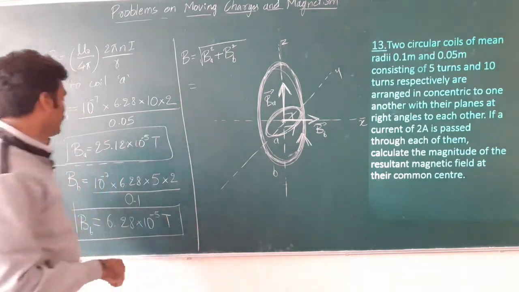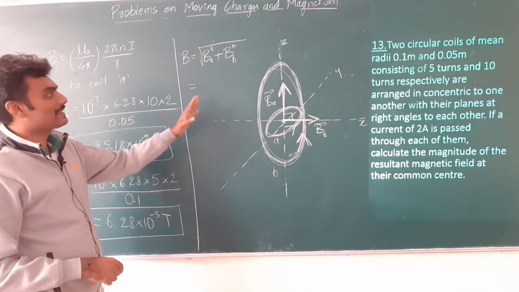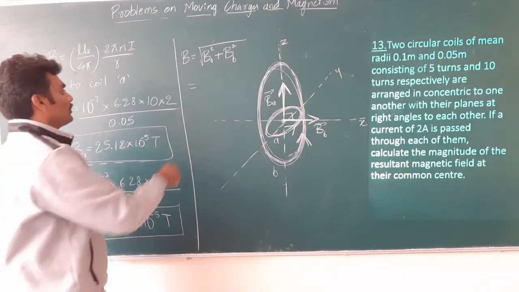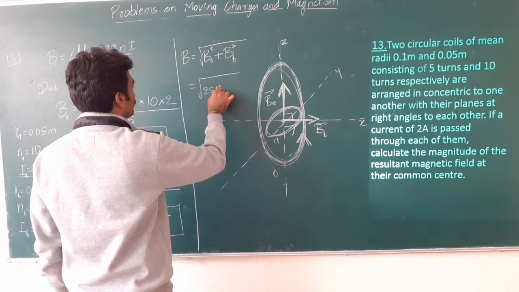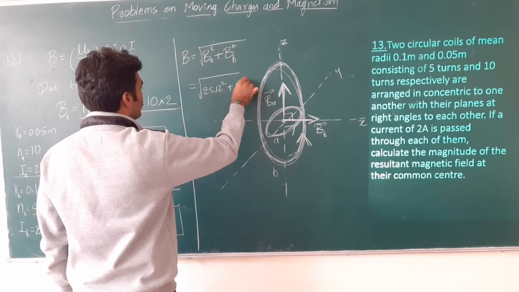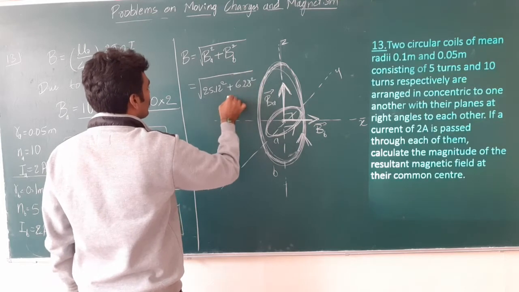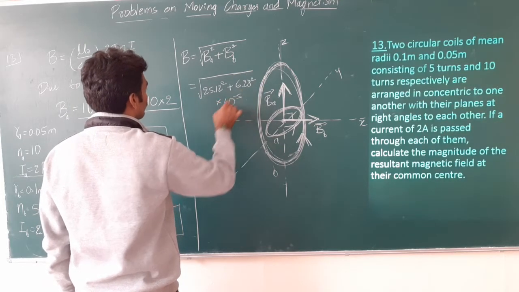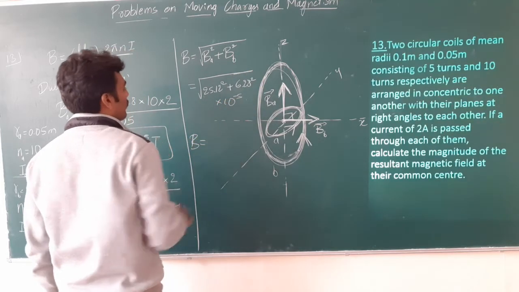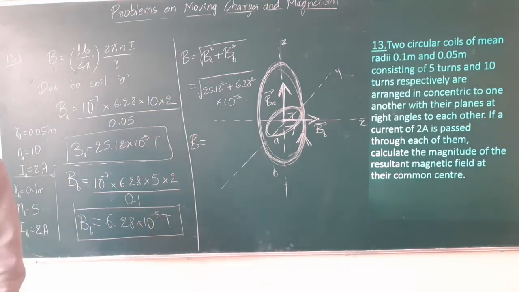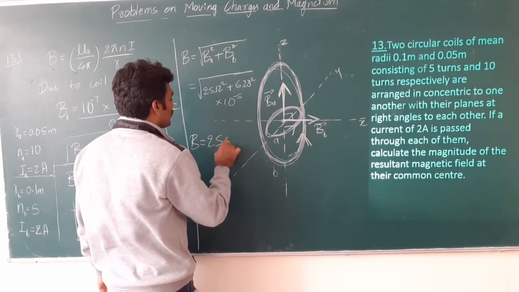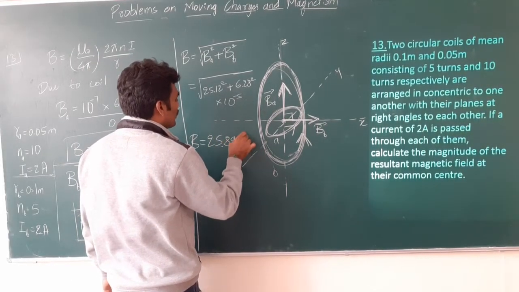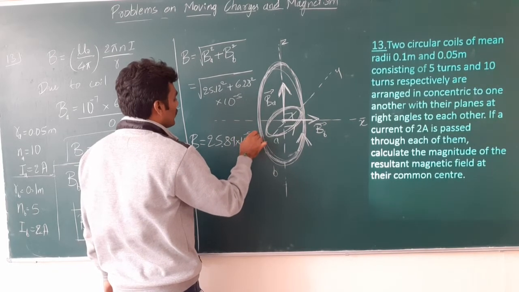Right. Put them here. 10 to the power of minus 5 is common, you can take it out. So it's root of 25.12 squared plus 6.28 squared into 10 to the power of minus 5. Okay, square them, add them, then take the square root, and hence finally you get 25.89 into 10 to the power of minus 5 Tesla.